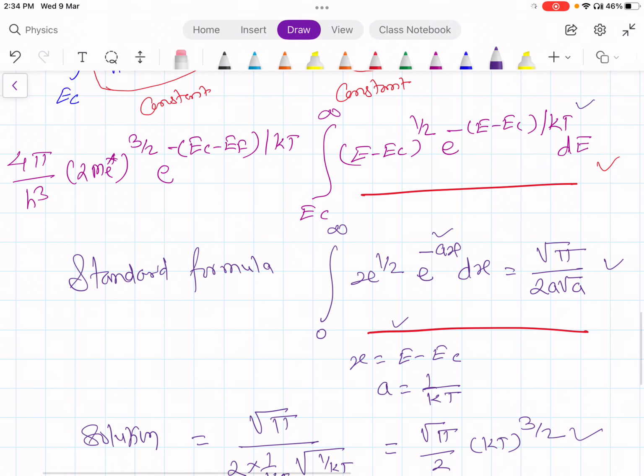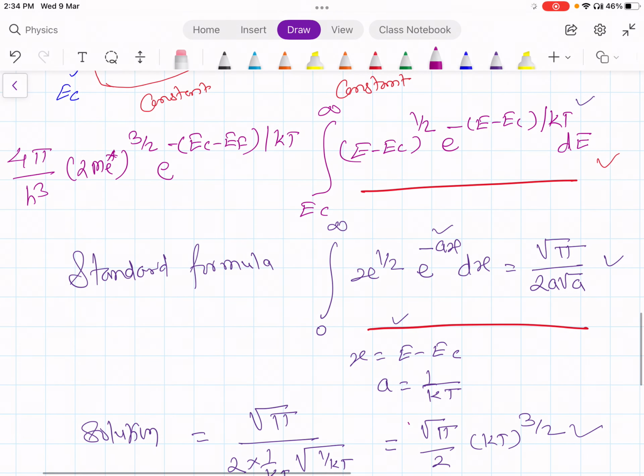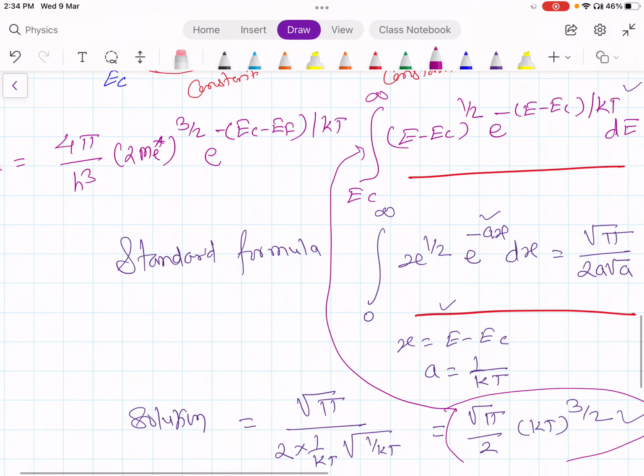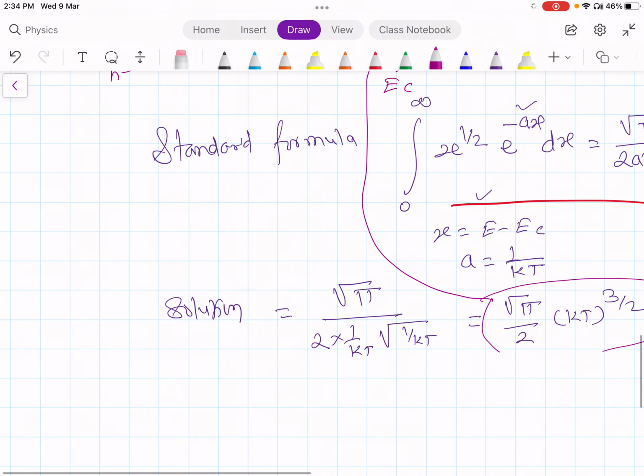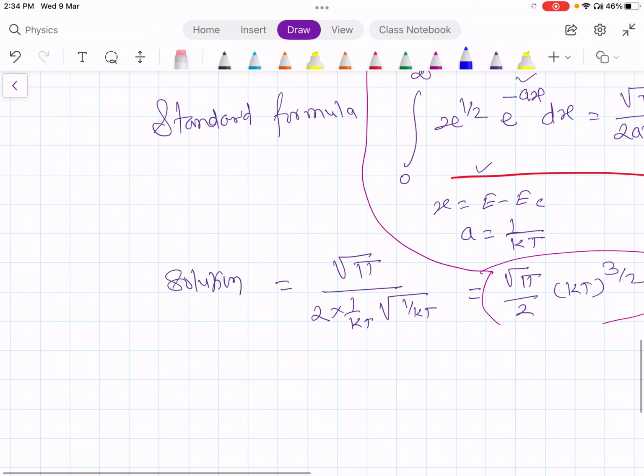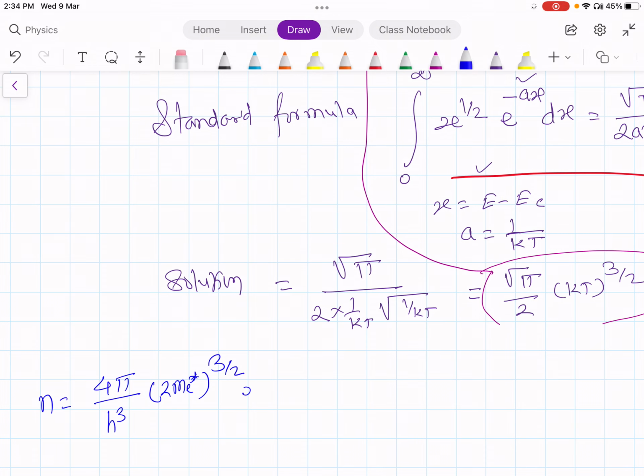So let us substitute this solution in this equation and rewrite it. N is equal to, the constant terms are 4 pi by h cube, (2 me star) raised to 3 by 2, into e raised to minus of (EC minus EF) by kT.